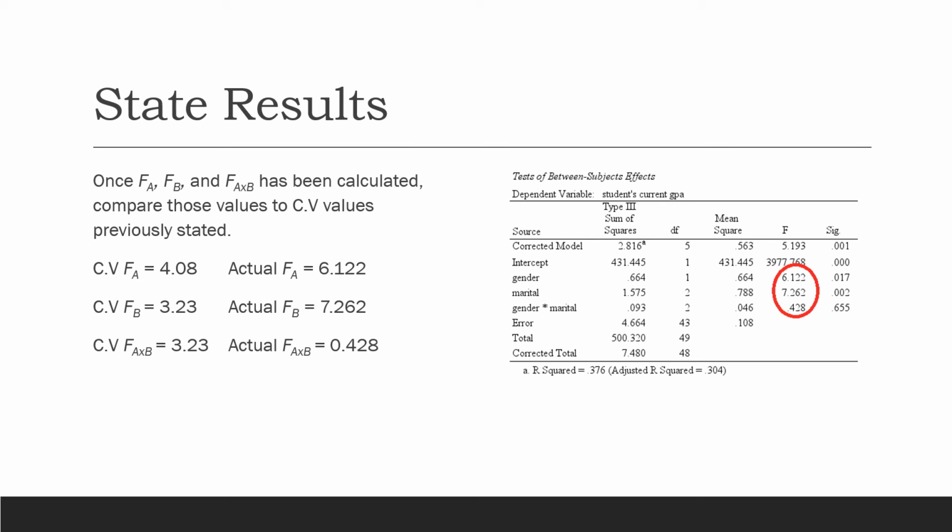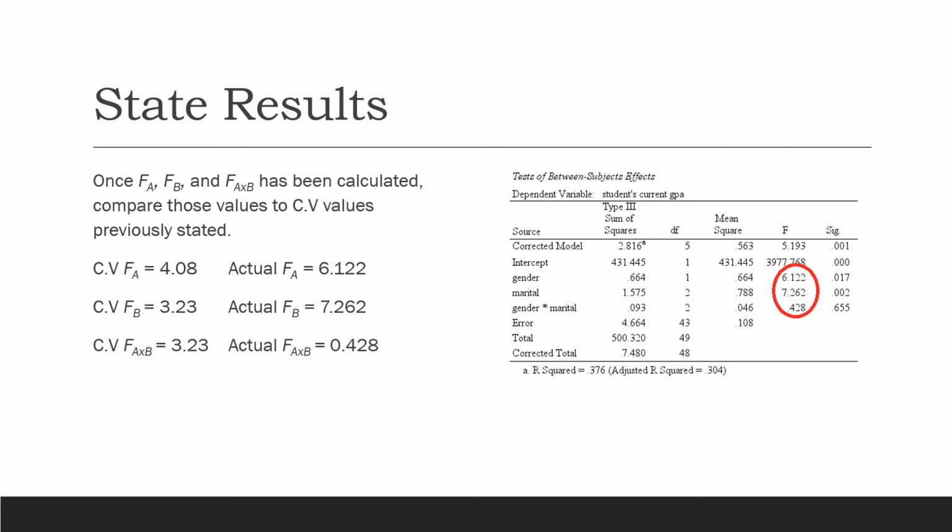Our critical value for F sub B is 3.23, and our actual is 7.262, so that is exceeded as well. Then our critical value for F sub A times B is 3.23, and our actual F sub A times B is 0.428, so that is below it.